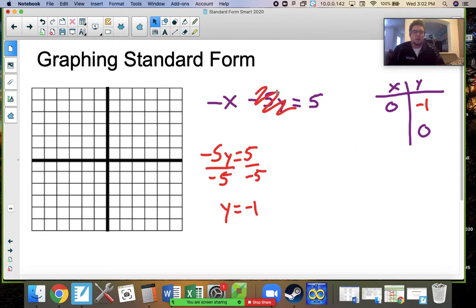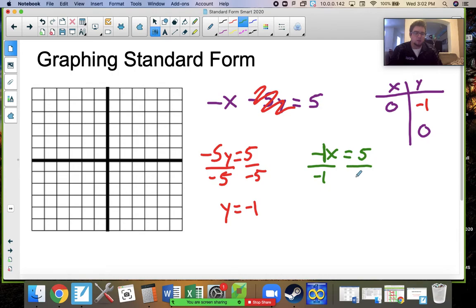Plugging 0 in for y causes that to disappear, leaving us just -x equals 5. I don't want -x. I need it to be a positive x. So technically this is a -1x. We're going to divide both sides by a -1 to make it be a -5.